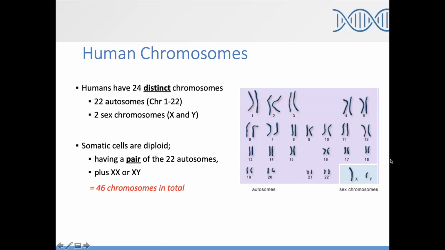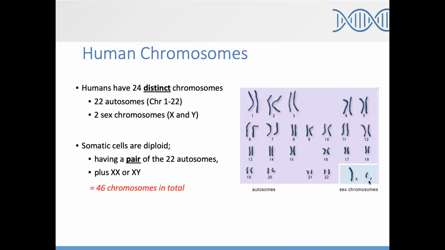But the 23rd set, or paired set of chromosomes, again, do distinguish between males and females, for humans at least. And so in this case, what we see is for these chromosomes, this 23rd set, we have one that is called an X and one that is called a Y. So this would be a male.